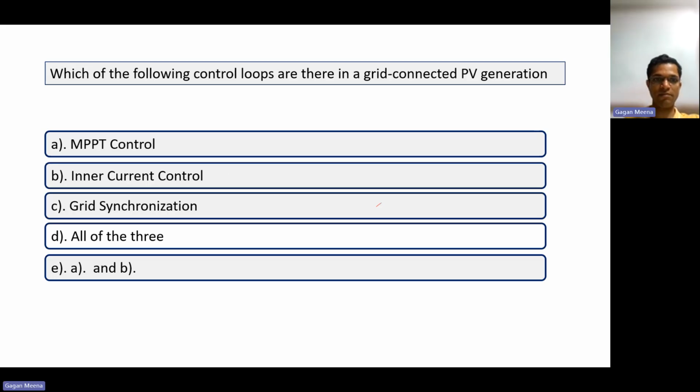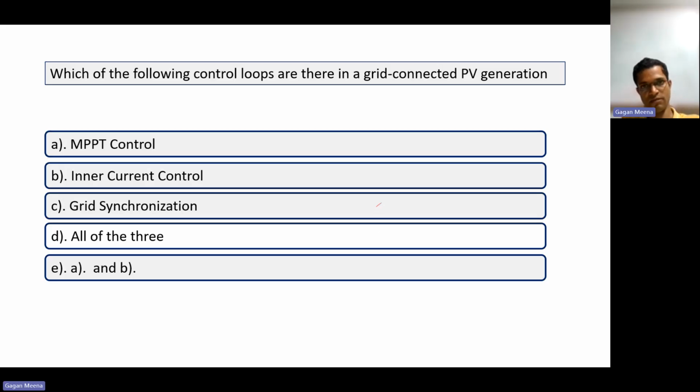All three are present in the grid connected PV generation. All the three control loops are there in the grid connected PV.